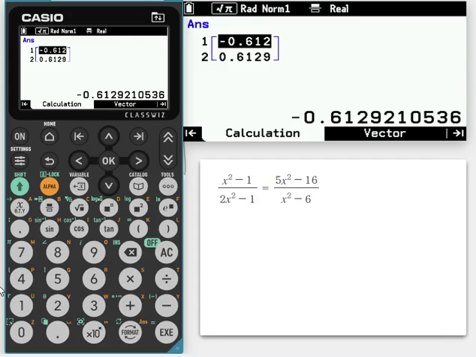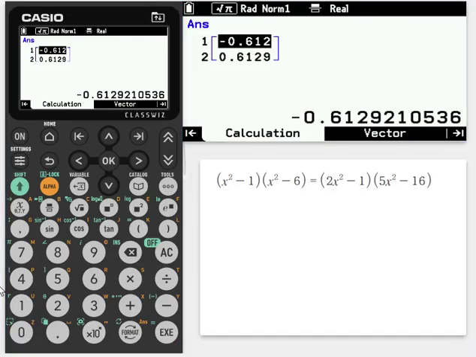And of course, if we just cross multiply, we're just processing the same equation, so we should be getting the same answers. Remember, when we wrote the equation in the form of a fraction equals another fraction, we got two answers. Let's now cross multiply and try to solve the equation when it is cross multiplied in this form.